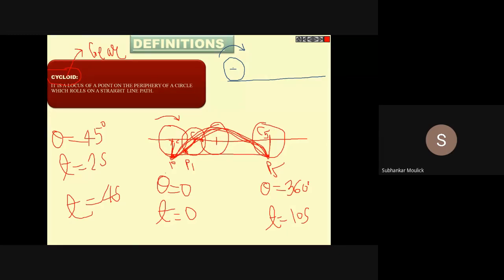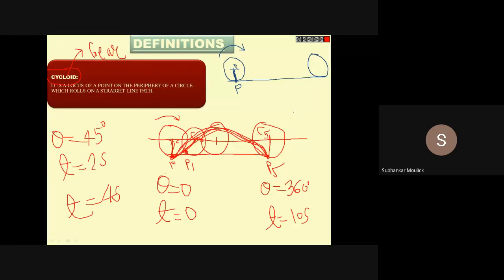This is the center point of the circle, and this is the radius of the circle, and the intersection point of the circle and the straight line is say point P. If the circle is rotated 360 degrees on this fixed horizontal line, the position of the circle after rotation is this one. Okay?